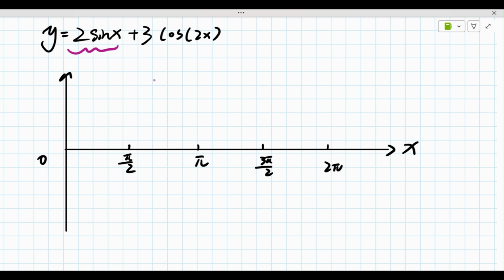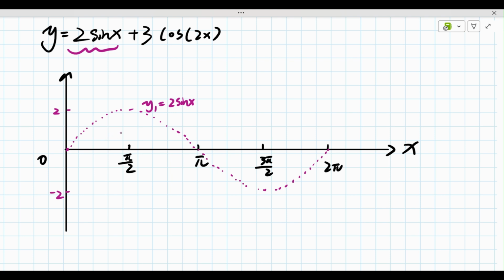So 2 sine x is going to go between 2 and negative 2, and your period will be 2 pi, which means you're going to start from here to 2 pi. There you go. That's called y1 equals 2 sine x. Hopefully that makes sense, right?